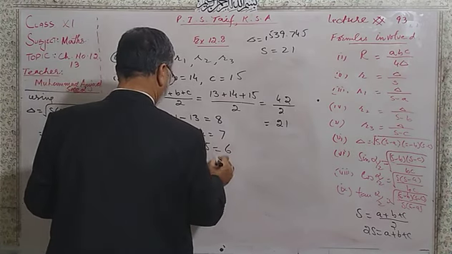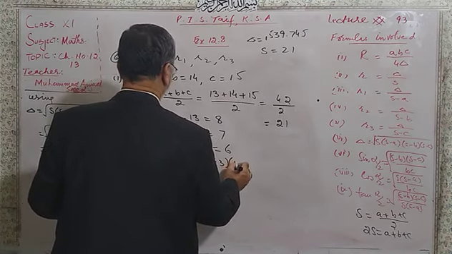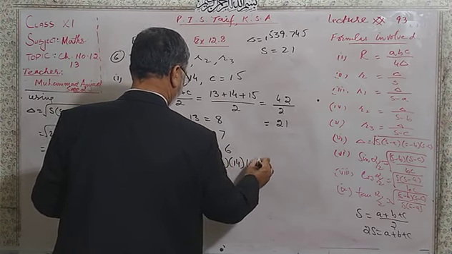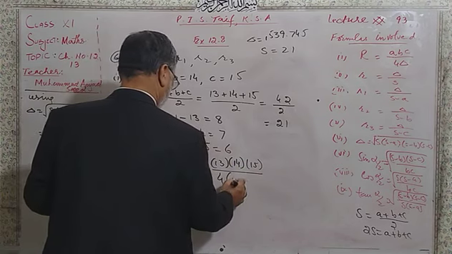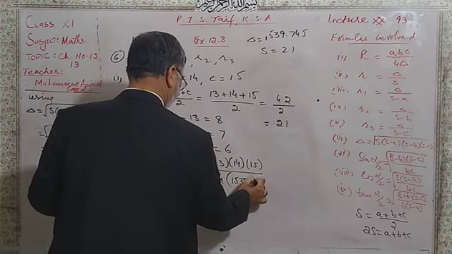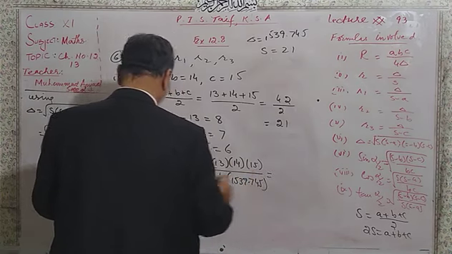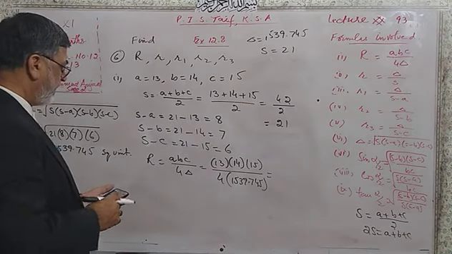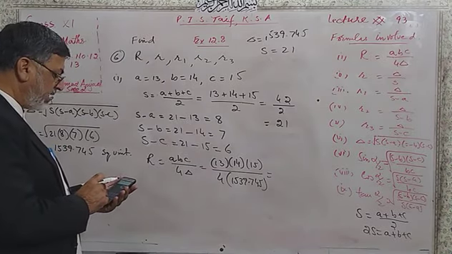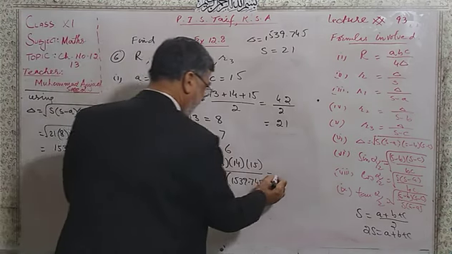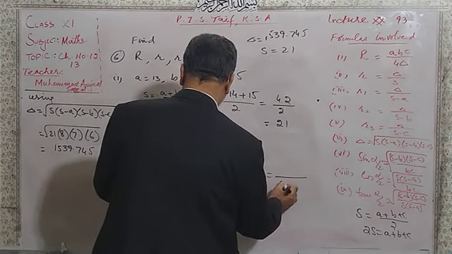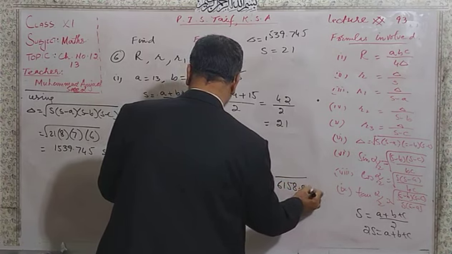ABC means 13 into 14 into 15 divided by 4 into delta, 1539.745. Multiplied by 4, so we have in the denominator 6158.98.